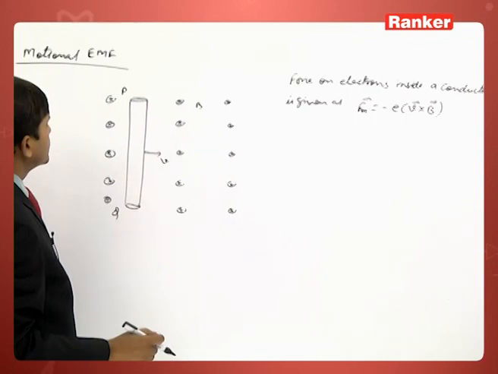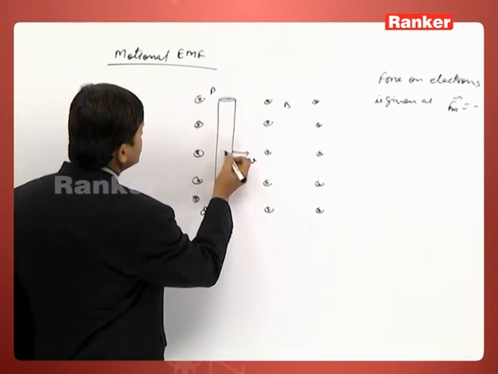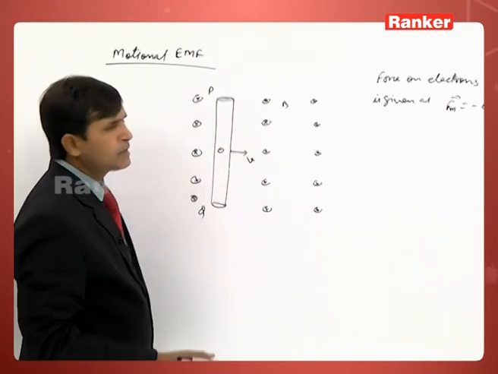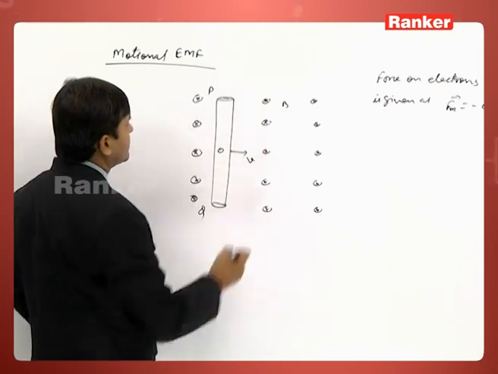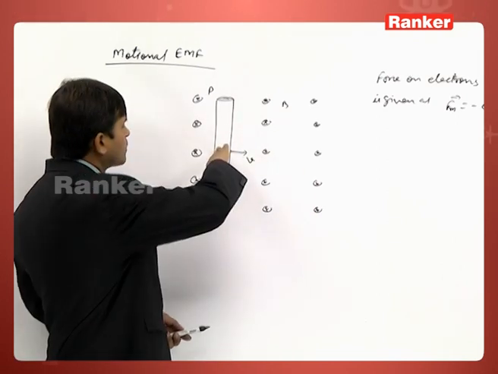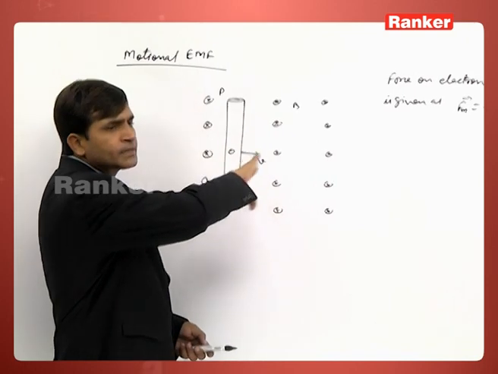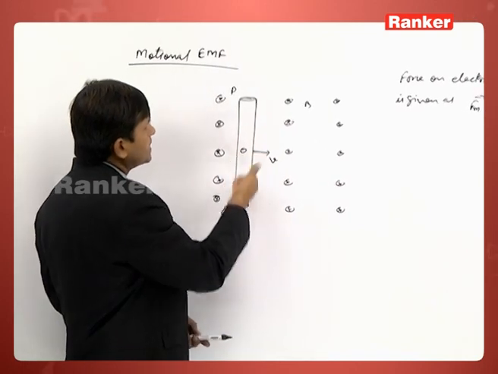Now, due to the effect of the magnetic force, let this be one of the electrons. That electron has velocity in this direction, so the force on the electron will act in the downward direction.